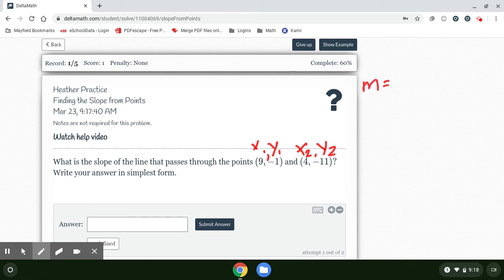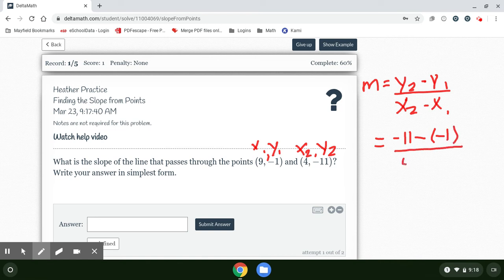My slope is equal to y2 minus y1 over x2 minus x1. Okay. y2 -11 minus y1 is -1 over x2 4 minus 9.